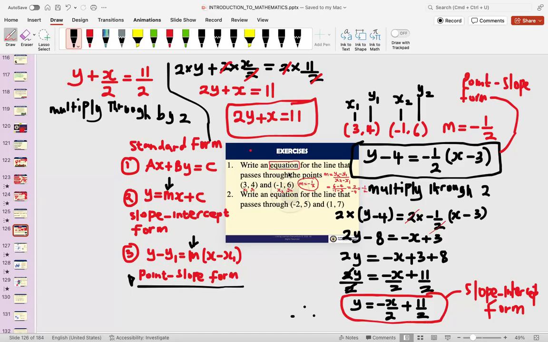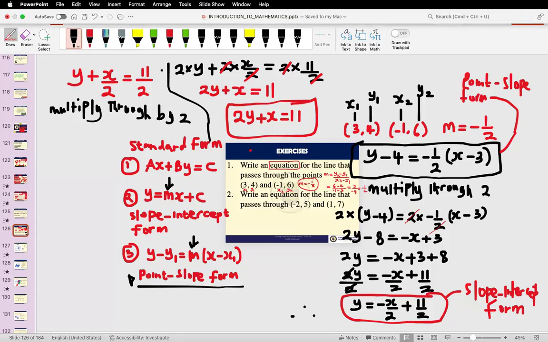So we are going to use the same approach to solve the second one. And I'm sure by the end of the second one, you will be clearer in your mind as to how to solve simple linear equation in the three forms we have learned today, which I keep repeating: the standard form, the slope-intercept form, and then the point-slope form.